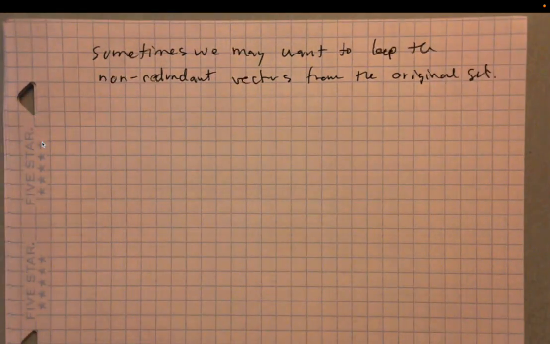In the previous examples, we didn't retain any of the original vectors. We just found new vectors that were equivalent and got rid of the redundancies. And so what we may want to do is, maybe we start with a very specific set and we want to just toss out all of the redundant vectors but keep the originals.